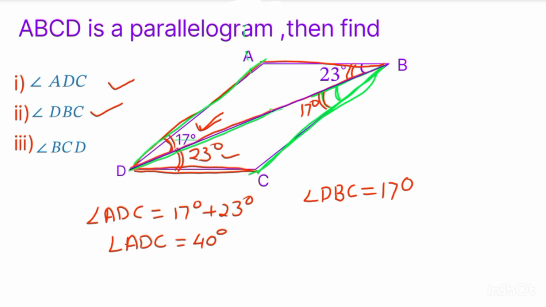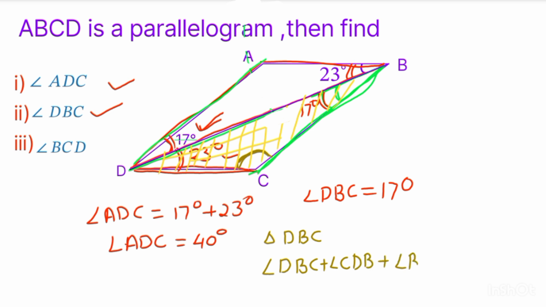Now third is angle BCD, this angle. Now if we take triangle DBC, in this triangle we can write angle DBC plus angle CDB plus angle BCD is equal to 180 degrees, right? Angle DBC is 17 degrees, this is 17 degrees, and angle CDB, this is 23 degrees.